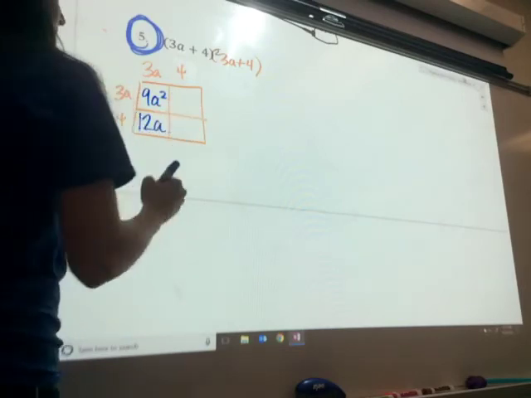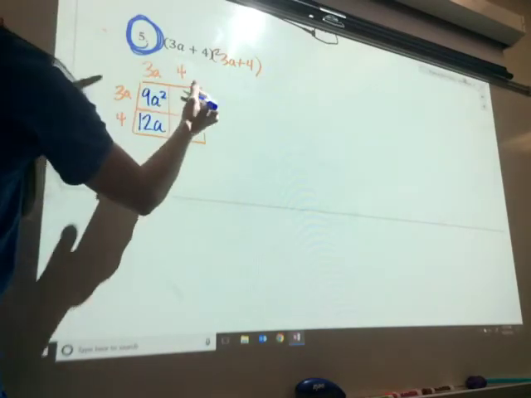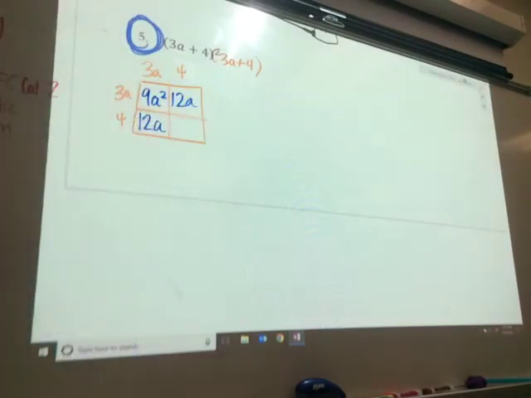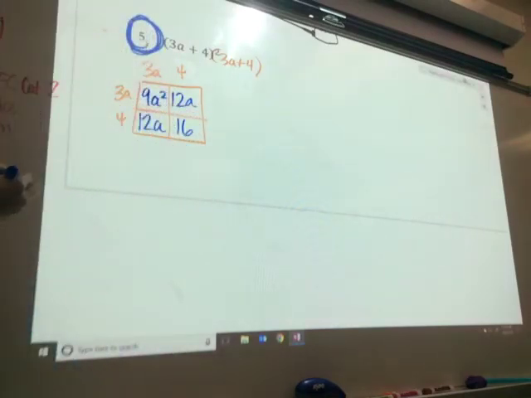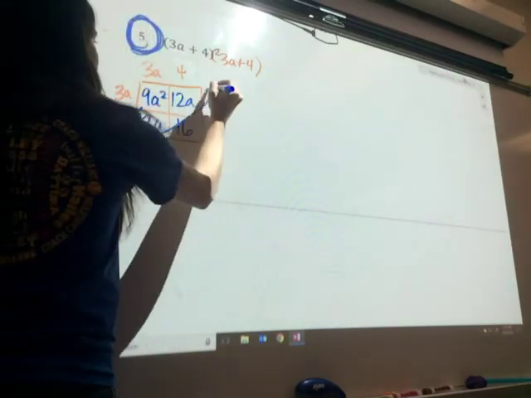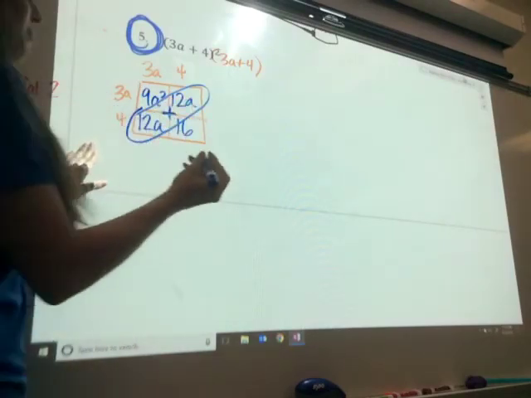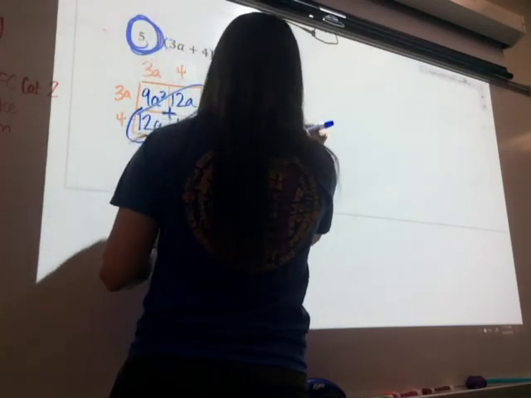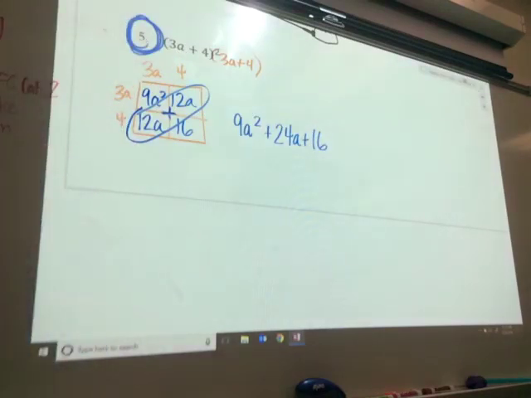A times nothing else stays as A. 3 times 4 is 12, A times nothing else stays as A. 4 times 4 is 16. What do I do with my diagonals? Combine your diagonals because it even tells you to. So my answer here is 9a squared plus 24a plus 16. Got it?